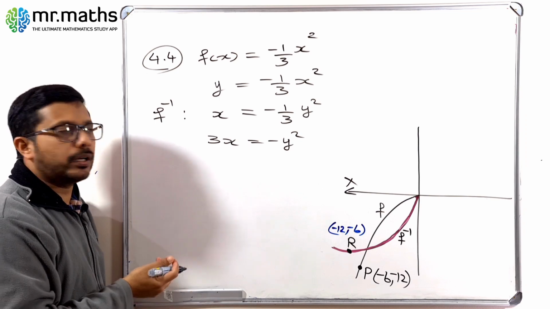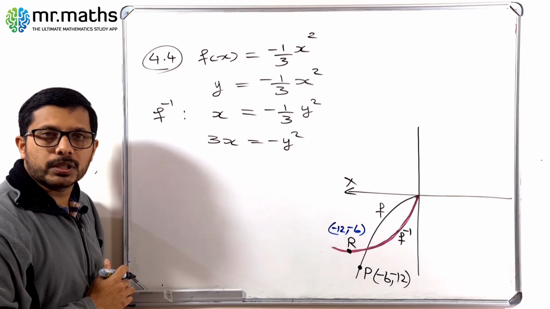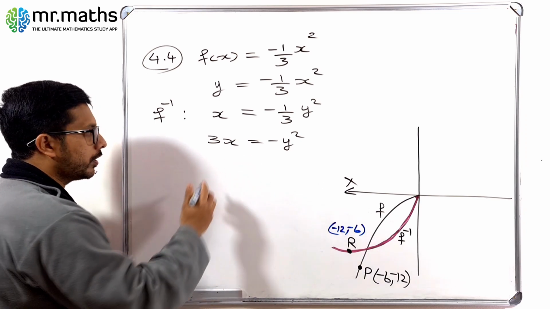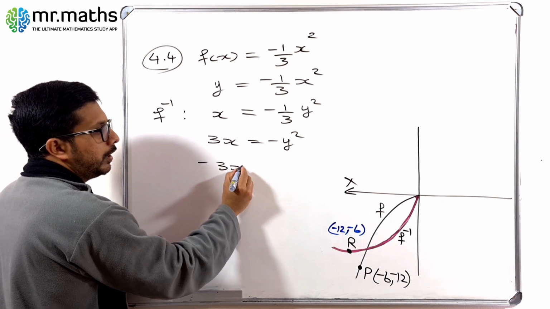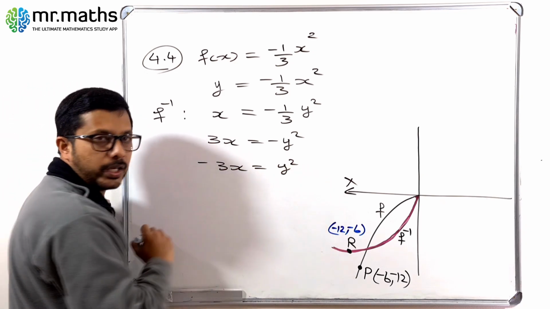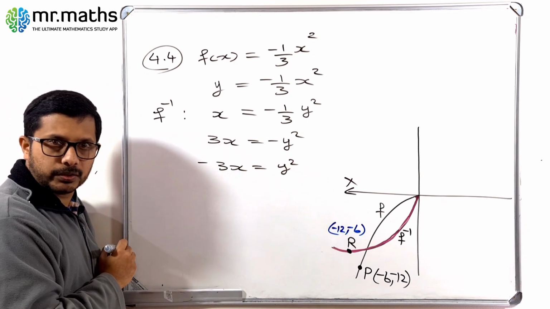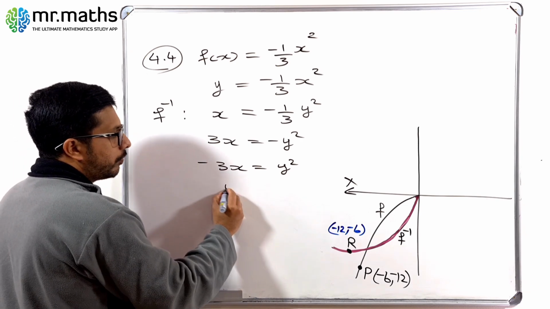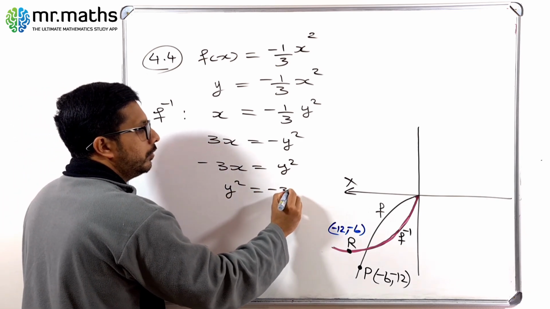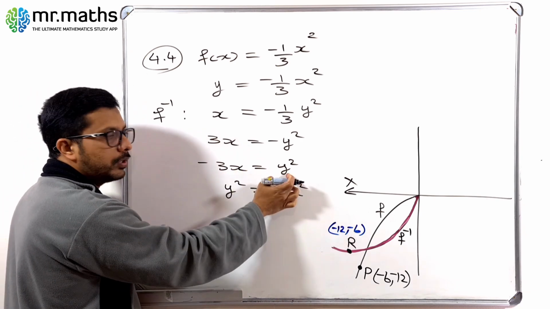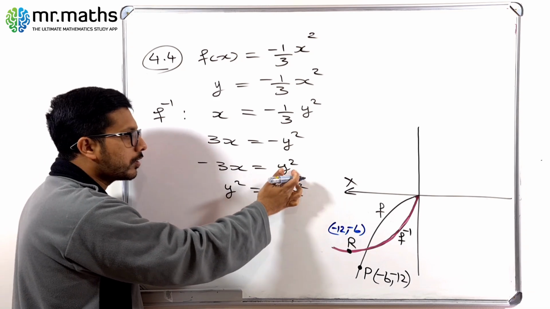So if I multiply or divide both the sides with negative, what is going to happen? Negative 3x is equal to y square. Am I right? Or y square is equal to negative 3x. This one is equal to this one. So we can write that y squared is equal to minus 3x.